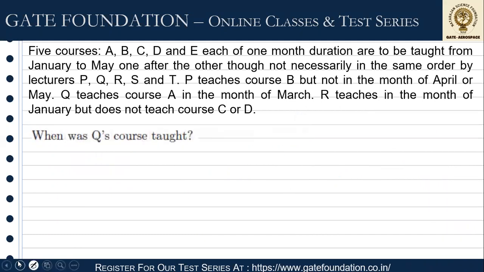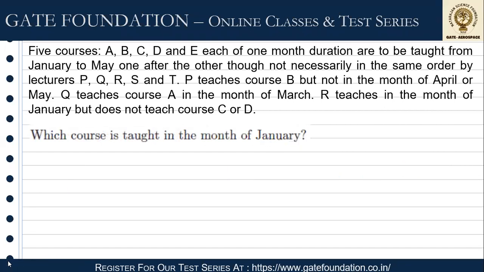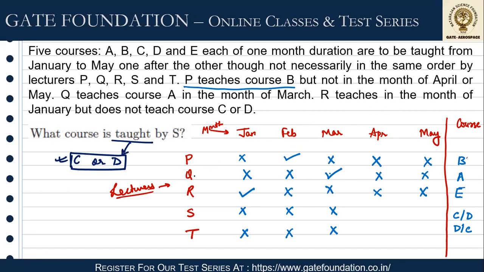Let's see one more question for the day. Okay, this one is that. When was Q's course stopped? Again, let's go to the table and see. March. So Q's course was A and it was stopped in March.